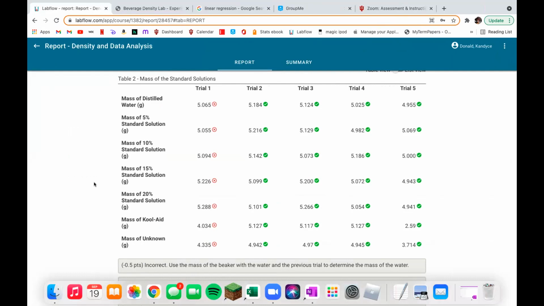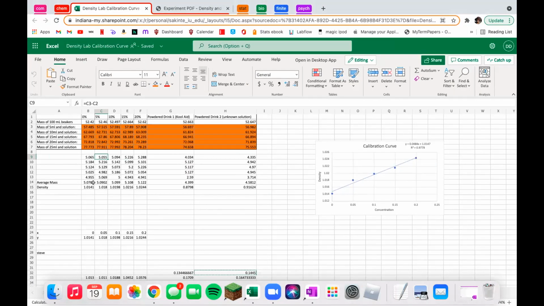Okay, go back to the Excel. Well, it only goes to 2 decimal places. So if we're following sig fig rules, then that should be 5.07, not 5.06.